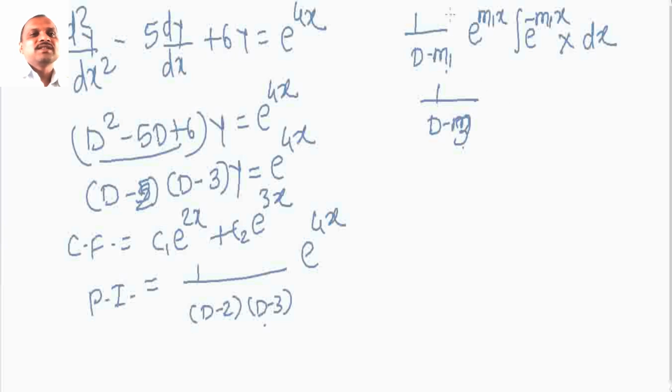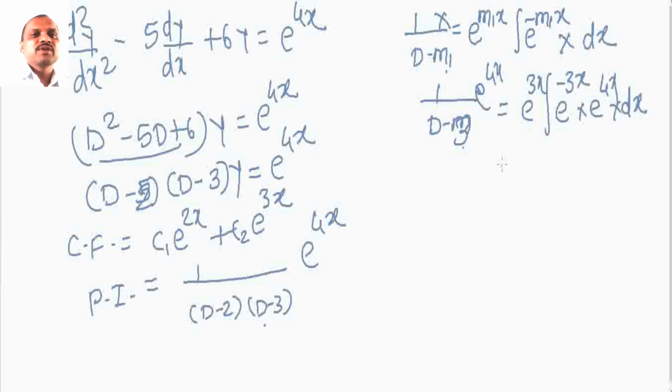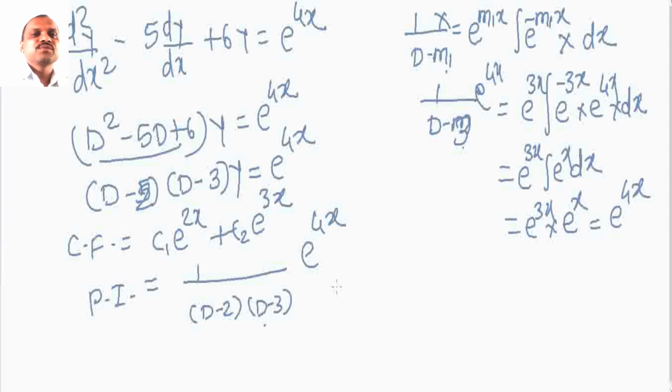Then operating on e raised to 4x, let us write it as e raised to 3x times the integration of e raised to minus 3x into e raised to 4x dx, right? E raised to minus 3x and e raised to 4x give e raised to x. So the integration of e raised to x dx equals e raised to x, which gives e raised to 3x times e raised to x, equal to e raised to 4x.